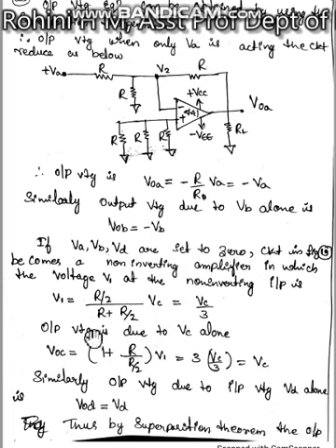Similarly, the output when VC is acting alone is 1 plus R divided by R by 2, into V1, which if we simplify is VC. So VOC is VC, and VOD is also equal to VD. Then by applying the superposition theorem, when all sources are acting at a time, we add all these outputs, that is minus VA, minus VB, plus VC and plus VD.